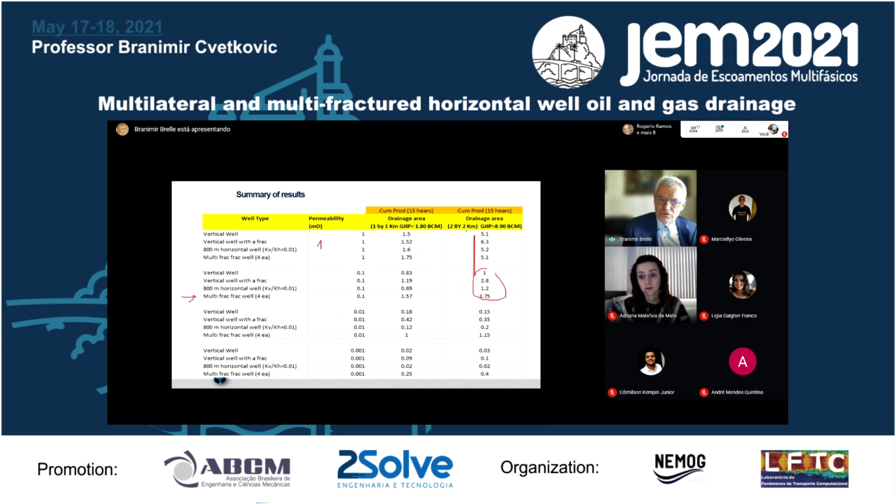I have 2 by 2 kilometers, and then I'm getting about 4 BCM. This would be the gas production, 4 BCM. So here is 4, here is 5, but this 4 is much different than when I consider how much a vertical well produces, how much one frac vertical well produces, or a horizontal well.